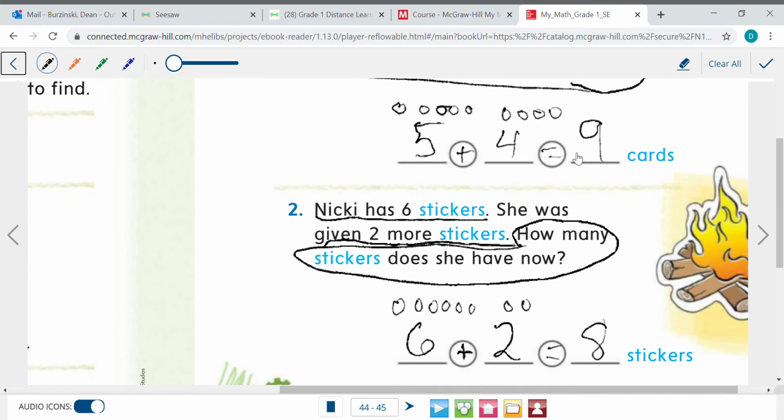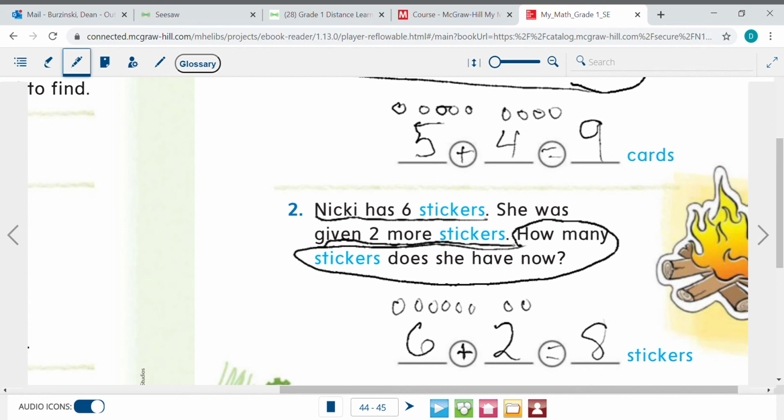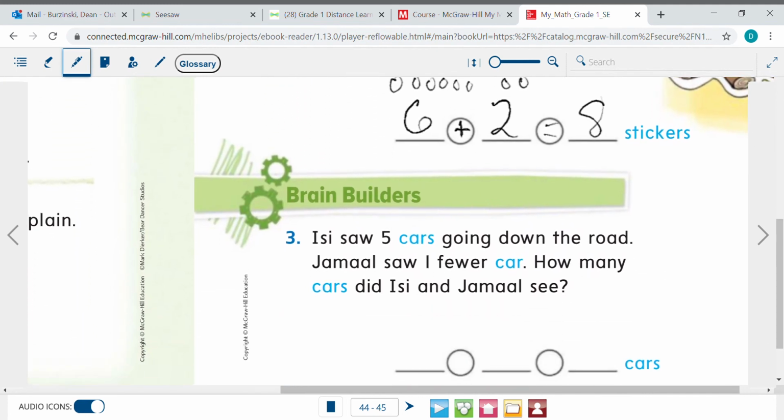Well, is this working? Is this making sense? I know you're going to need a home helper for reading, but we underline the information we have. Well, we know Nikki has 6, and somebody gave her 2 more, and then we circle what we want to find out. Let's look at the last one on this page.